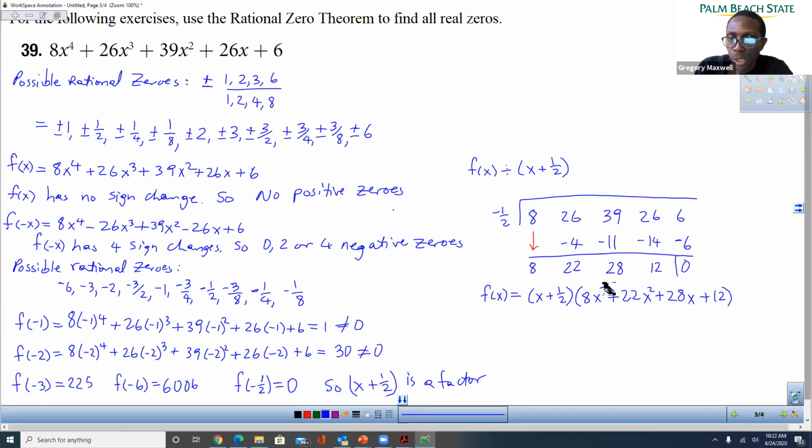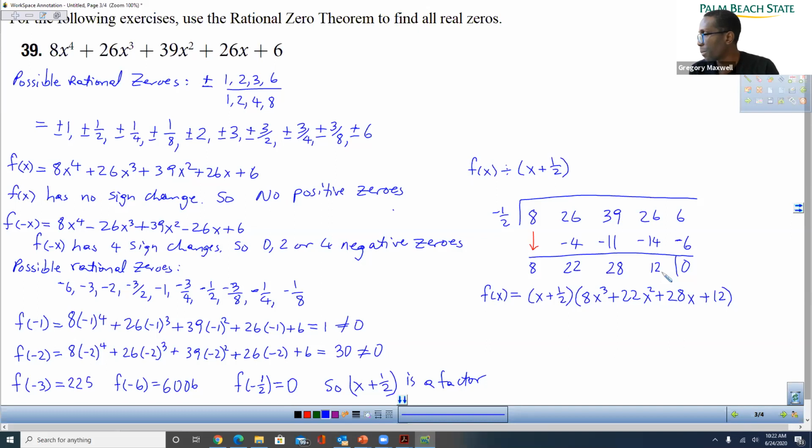That is correct. So I'm going to plug in negative half into this expression and see if this works. 8 times negative half cubed, plus 22 times negative half squared, plus 28 times negative half, plus 12.